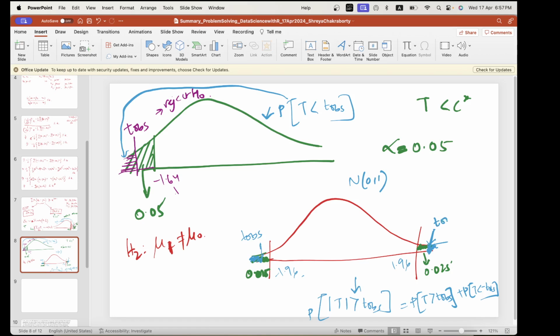So if this is your T observed, T greater than T observed is this blue area, and T less than minus T observed, because this is symmetric, is this shaded lower blue area. And together this area should not exceed 0.05. That is, your p-value will remain less than 0.05, and thus you can reject your null hypothesis in favor of the corresponding alternate hypothesis.